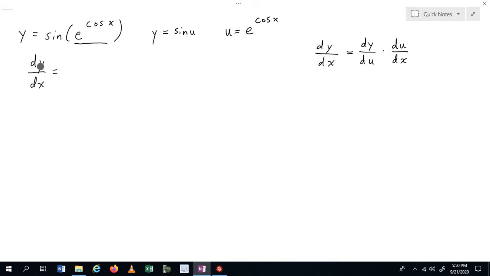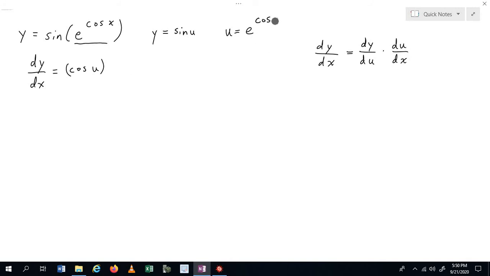Okay, so now let's apply the chain rule. dy dx is the same as dy du times du dx. Well, what's dy du? It's the derivative of this with respect to u, and the derivative of sine of u with respect to u is cosine of u. So that's our outer derivative. And then du dx, that's our inner derivative.